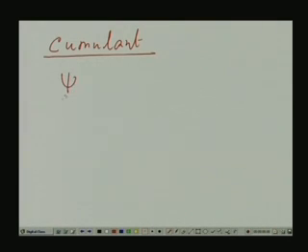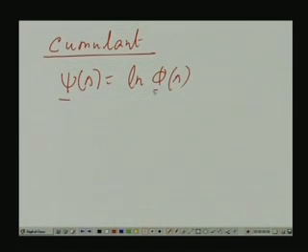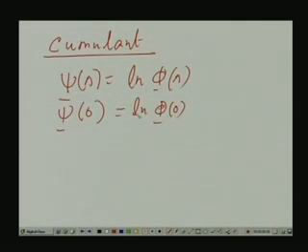So we recall psi bar s is nothing but ln phi bar s, and psi bar 0 was ln phi bar 0, but phi bar 0 is equal to 1. So this quantity is 0.